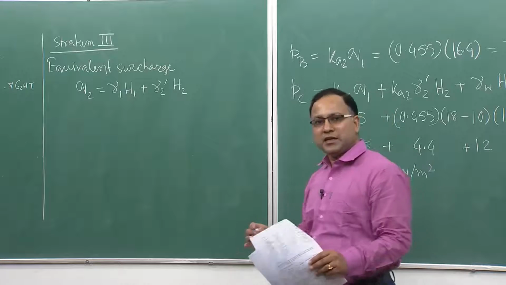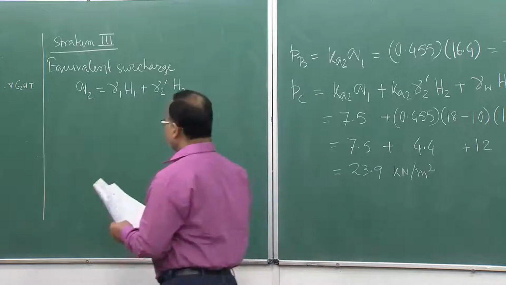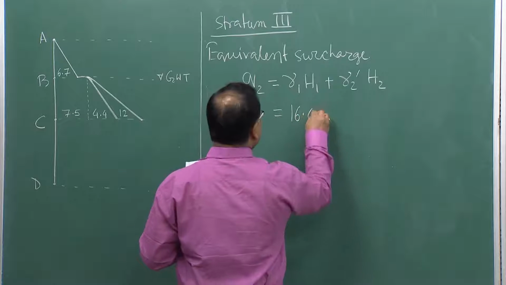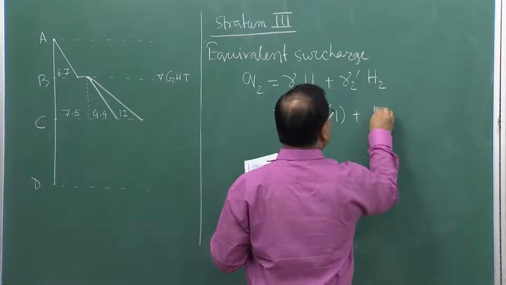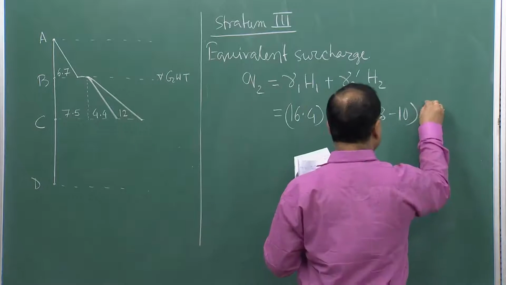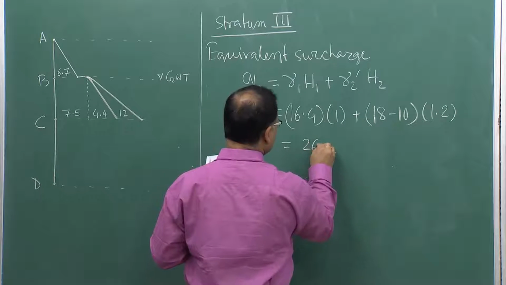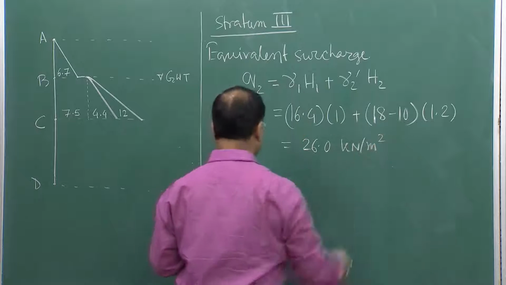So, that will be acting as a uniform surcharge on top of stratum 3. So, I will be getting from this 16.4 into 1 plus 18 minus 10 will be your gamma 2 prime into 1.2, which comes as 26.0 kilonewton per meter square.